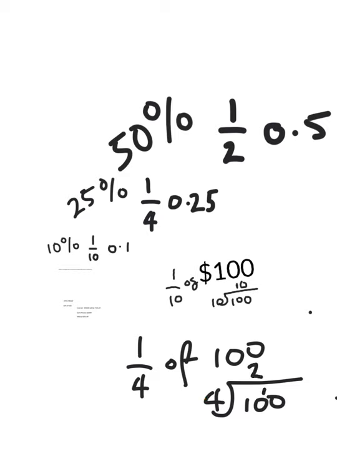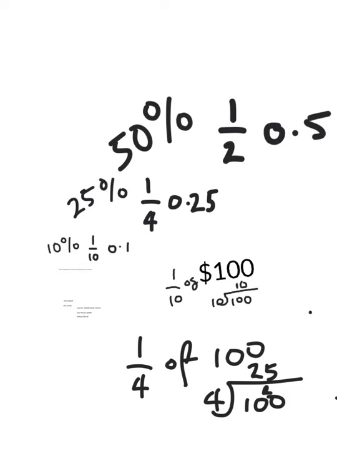And 4s into 20 go 5 with no remainder. 25. Yes, absolutely. Now we're doing 25 multiplied by the numerator. 25 multiplied by 1 is 25. So this time, when we're looking at this answer here, we're going to say, look, 1/4 or 25% of 100 is 25. All right, we've got one more to rock.